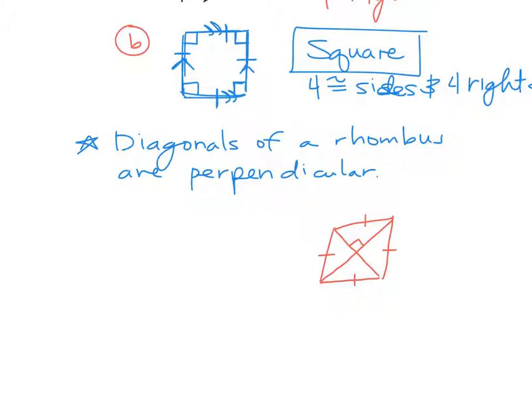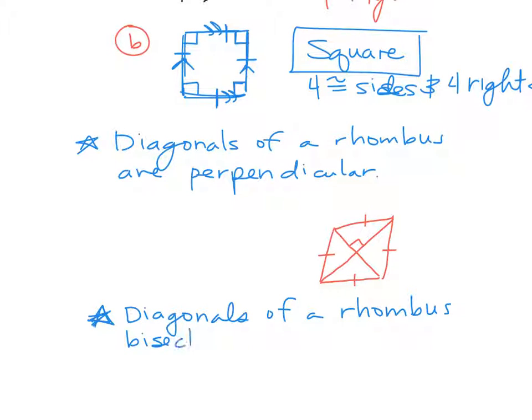The other theorem that goes along with rhombuses says the diagonals of a rhombus bisect a pair of opposite angles. What is bisect?